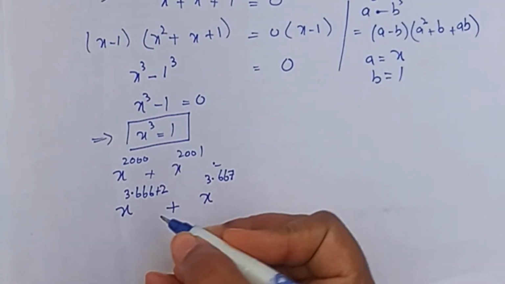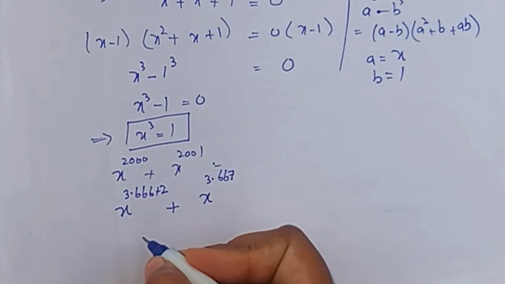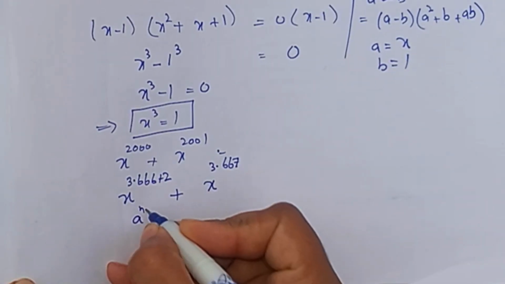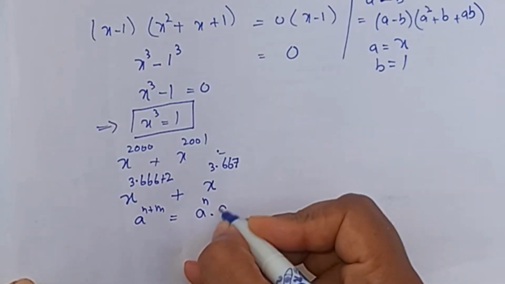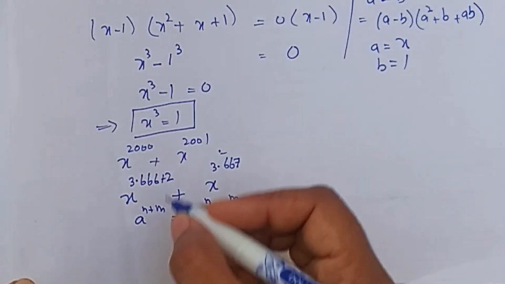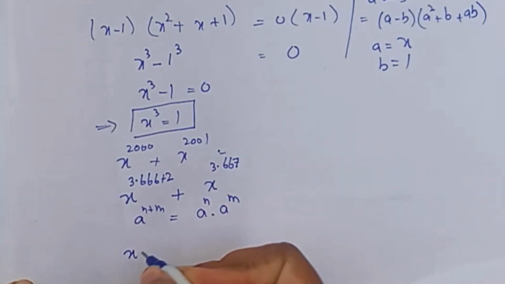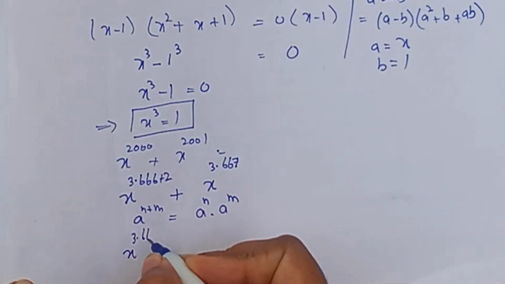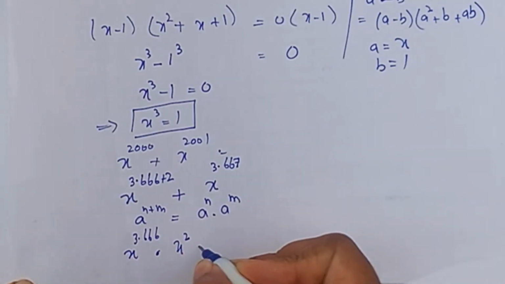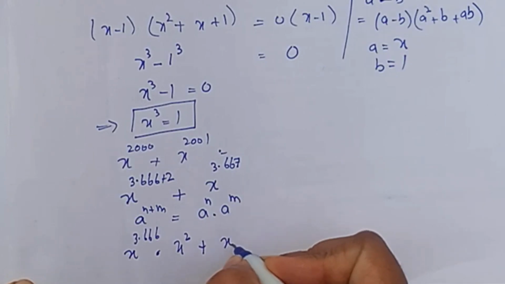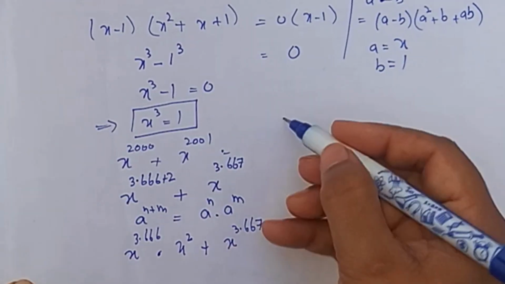And in the next step, we use the property of exponent, which is a raised to the power n plus m. We write this as a raised to the power n multiply a raised to the power m. So using this property in the above expression, we write this as x raised to the power 3 times 666 multiply x square plus x raised to the power 3 times 667.